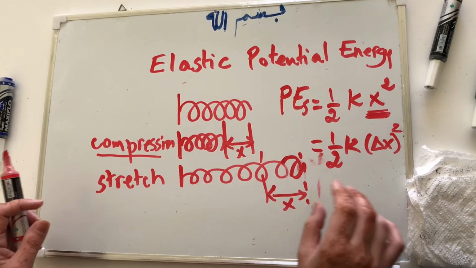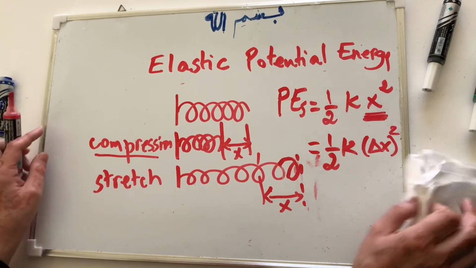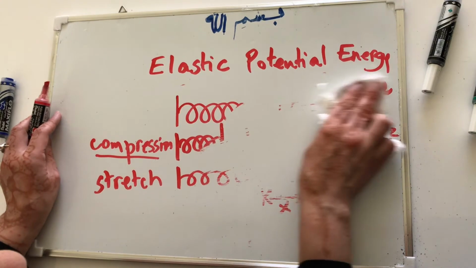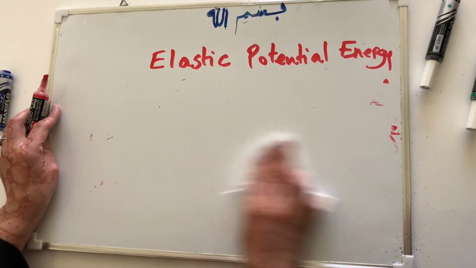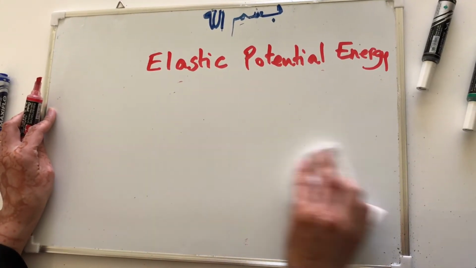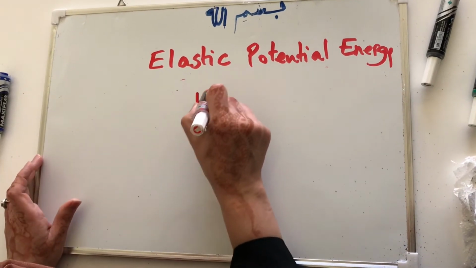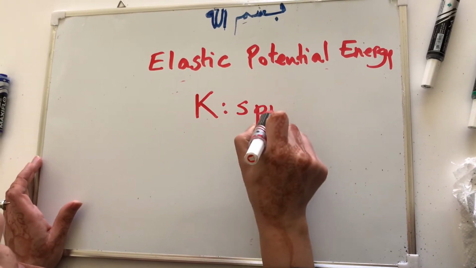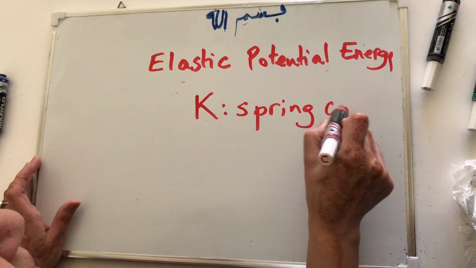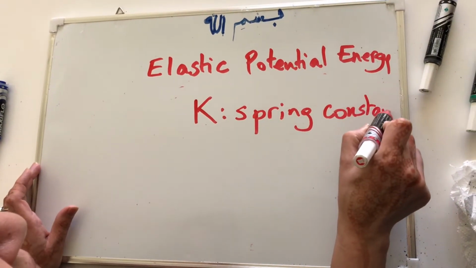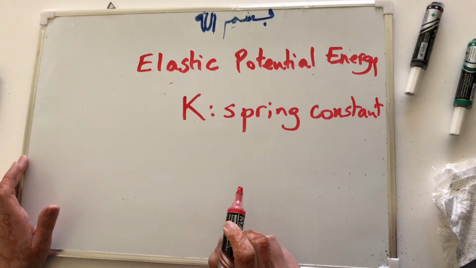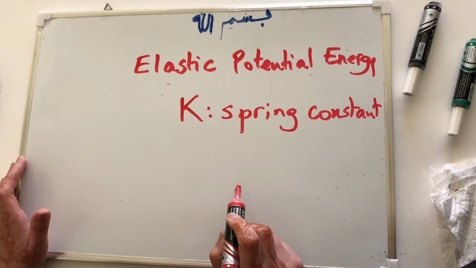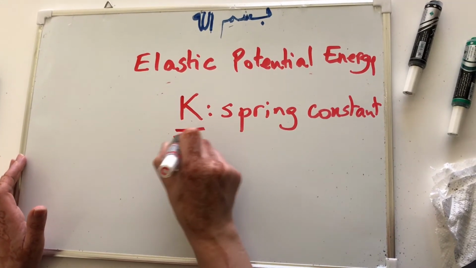Okay, let's take some examples. And what does the K mean here? The K is the spring constant. Every spring, like every boy in my class has a name, has a spring constant.